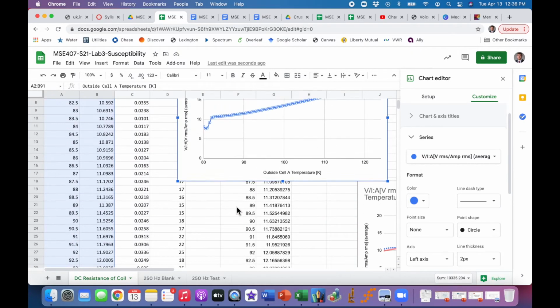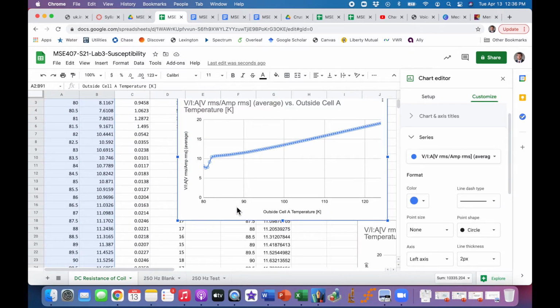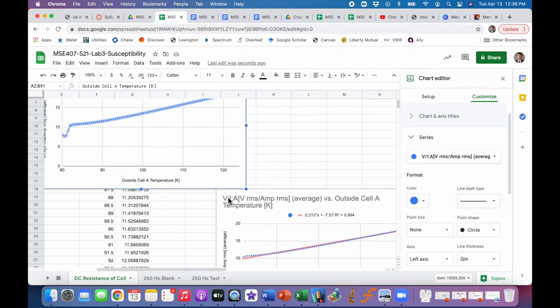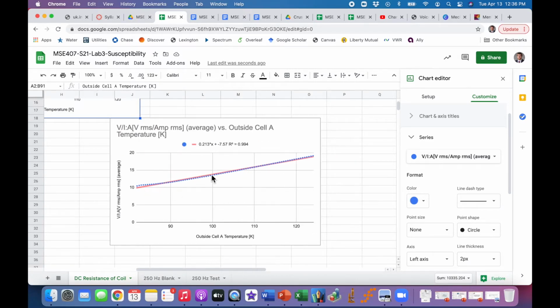So what this is, like I said, is V over I, and in DC that is resistance. And so what we're measuring here, without the presence of a pellet, is that the resistance goes up pretty steadily with increasing temperature in kelvin, right? So if you think about a metal, the resistance will increase with increasing temperature, or the resistance will decrease with decreasing temperature, right?